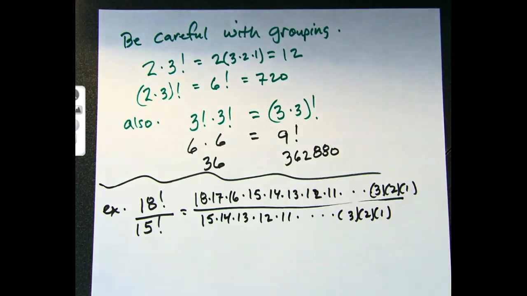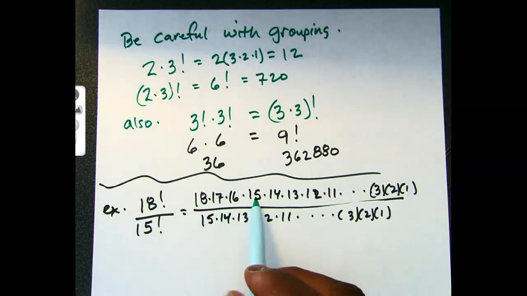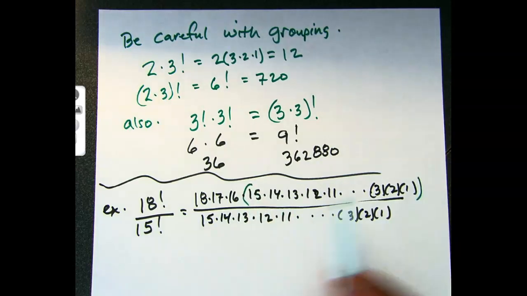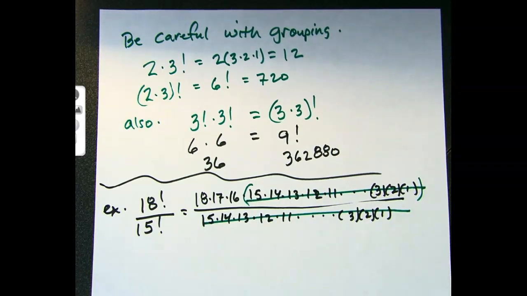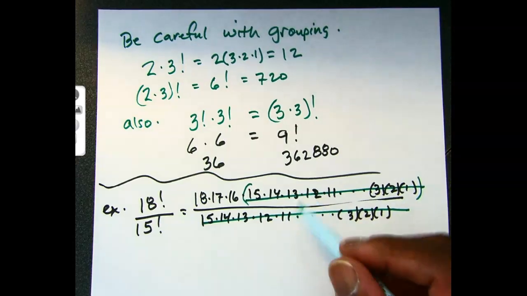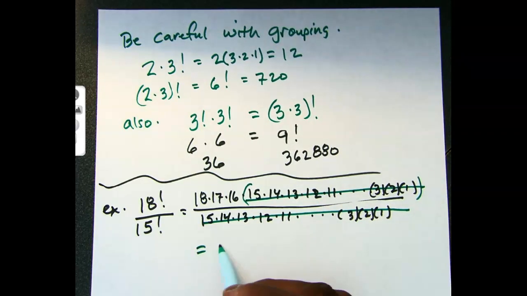So what it looks like is the entirety of the denominator will simplify out to 1, because starting from this point forward, it's 15, 14, 13, 12, 11, 10, 9, 8, 7, 6, 5, 4, 3, 2, 1, which is exactly what this is. So all of this and all of that are going to simplify to 1. So our final answer would be 18 times 17 times 16.